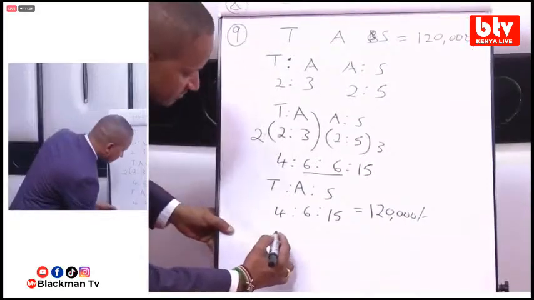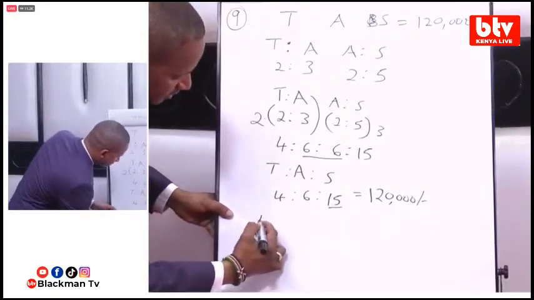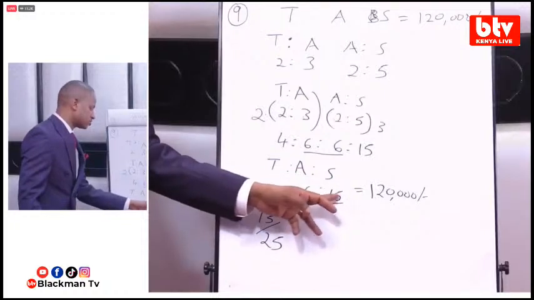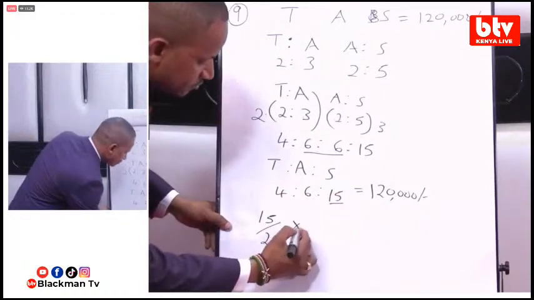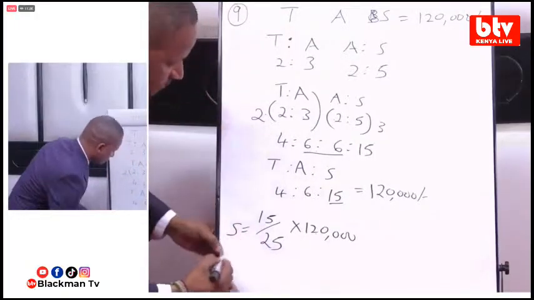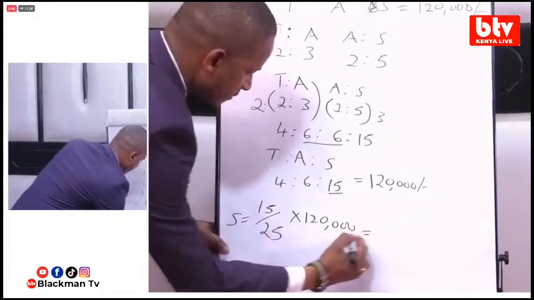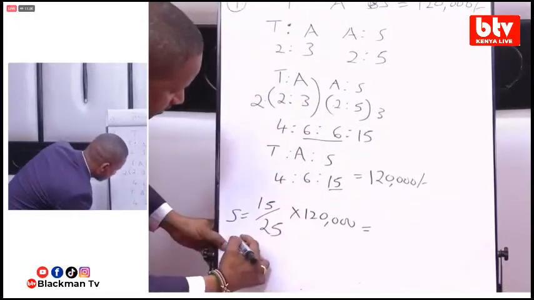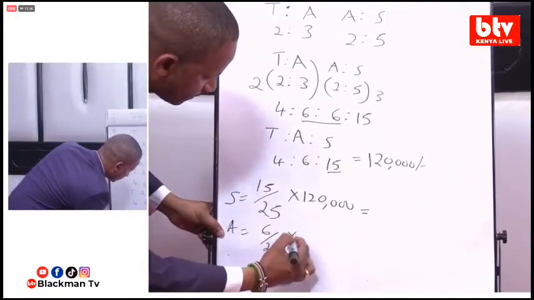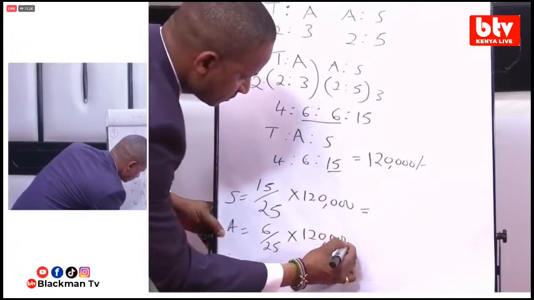So that ratio 25, so Sifuna contributed 15 over 25, 15 over the total ratio, which is 25, times 120,000. This is Sifuna. While Abu contributed 6 over 25 times 120,000.